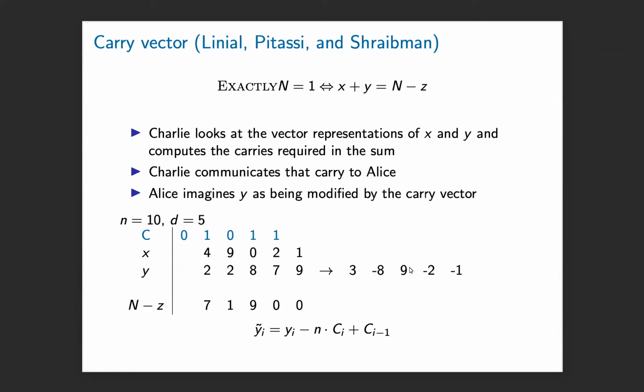So now you can verify that for this new value of y, x plus this new y is the same as x plus y when we're doing the addition just on individual places.